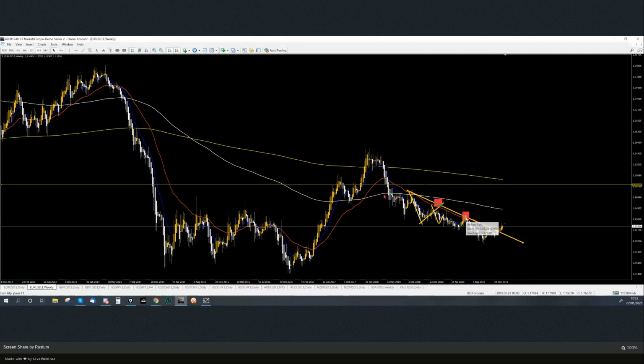Now I'll show you later on that sometimes it is profitable to trade off the 12 period moving average, but that's going to depend all on your risk appetite. For me it is more high risk to trade off the 12 period moving average than it is on the 36 period moving average.